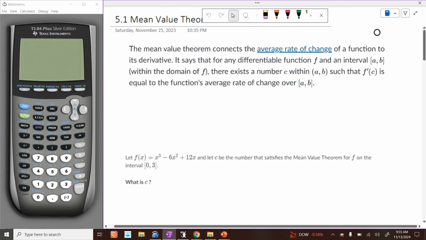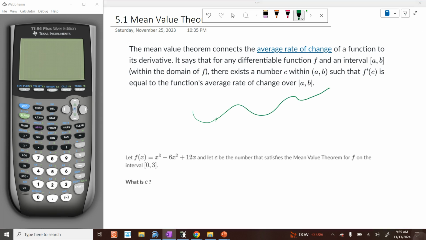The mean value theorem connects the average rate of change to a derivative. We're putting them together. You have a line that might be going like this, something like that.